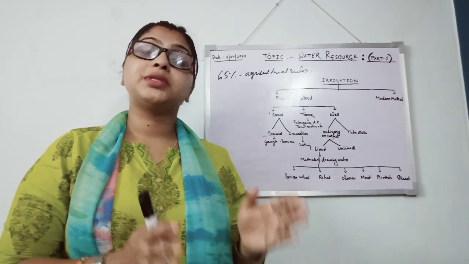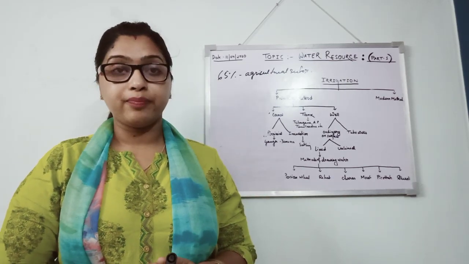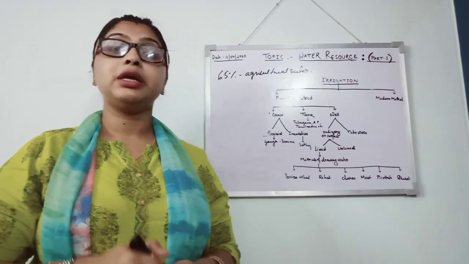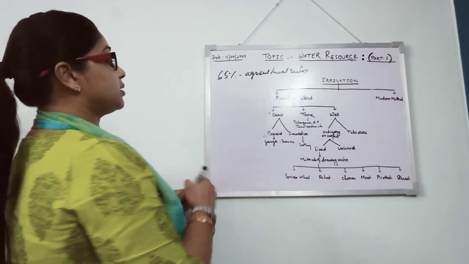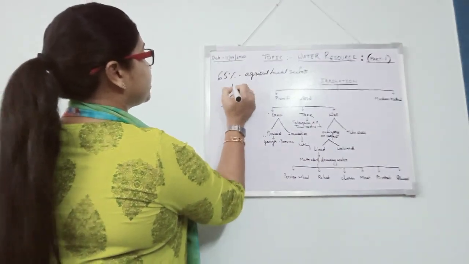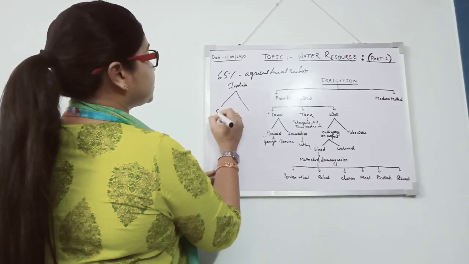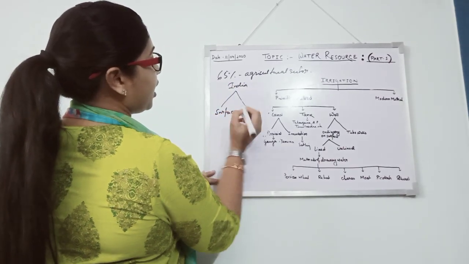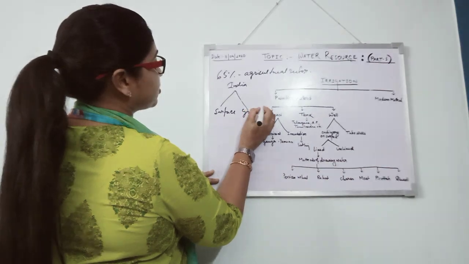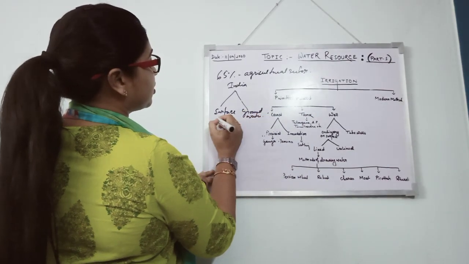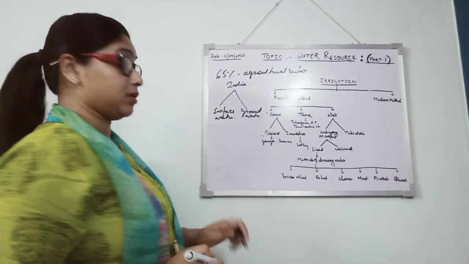Students, whatever percentage of water is available in our country has been divided mainly into two parts. One is surface water, and another is groundwater. What is surface water?